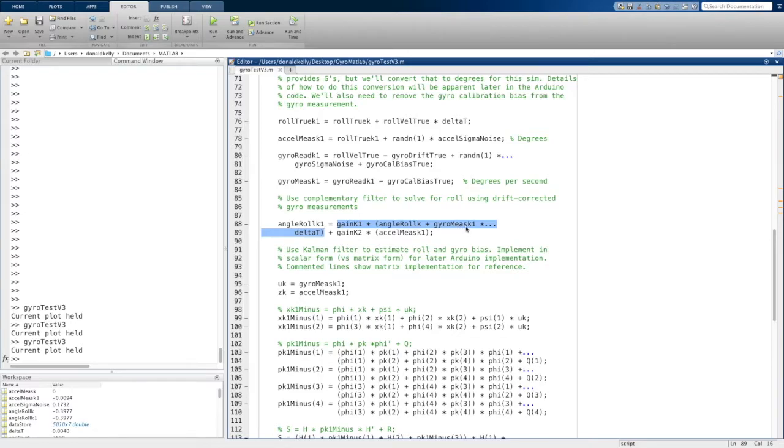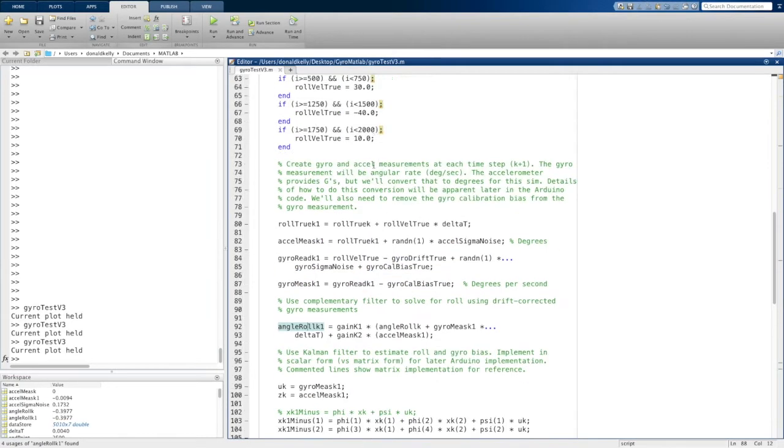Remember, the gyro measurement is in degrees per second, so we've got to multiply that times delta t to find out the angle that we've traversed. And those together give us the total angle. Now we include the second term. Remember, I had it up there as only 1% of the solution, and that's the accelerometer measurement in degrees. So that's the entire required equation there for the complementary filter.